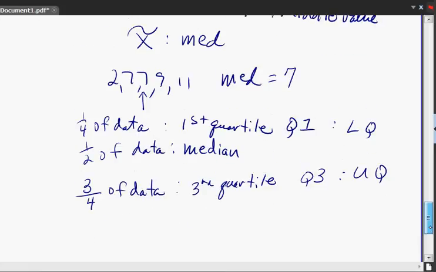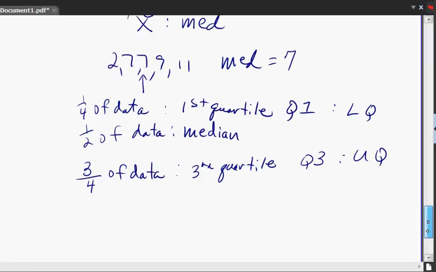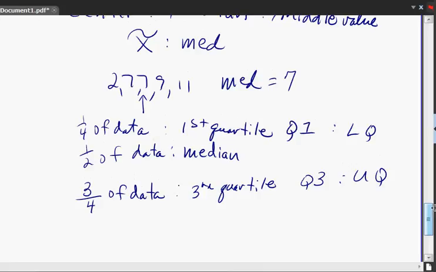My calculator says for this data set, the 1/4 mark is at 4.5. So I'll show you how they get that. They go to the left of the median. We look at all the numbers to the left of the median, so that's 2 and 7, and find the middle number for 2 and 7.